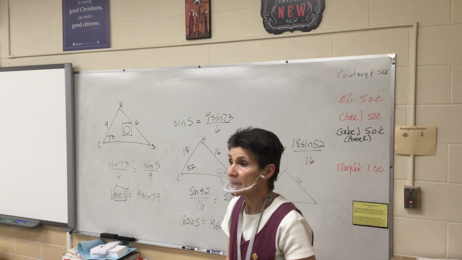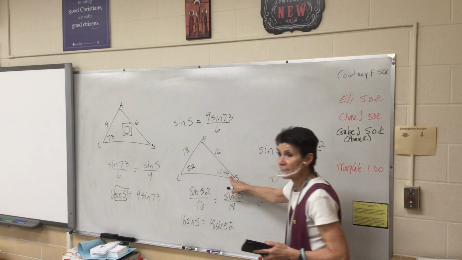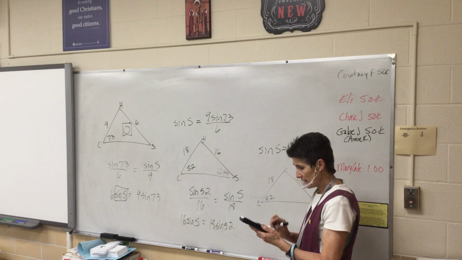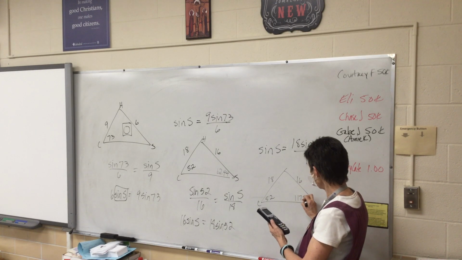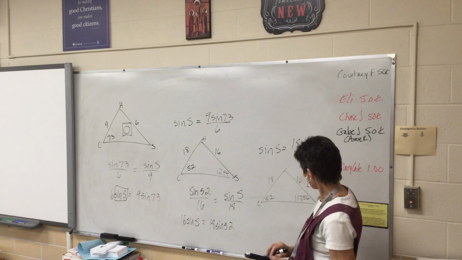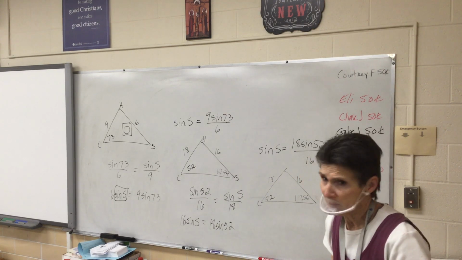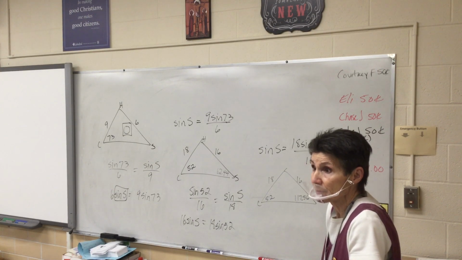If there's another answer, the angle for it will be 180 minus this one. So I'm going to subtract that from 180, and I got 117.56. It would be a very odd looking triangle, but is it possible?